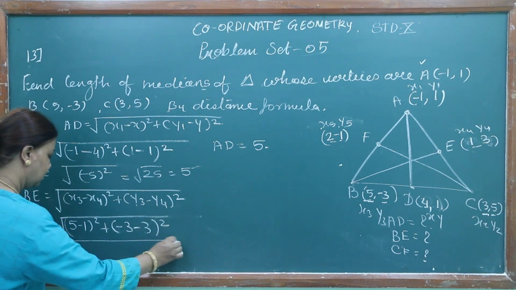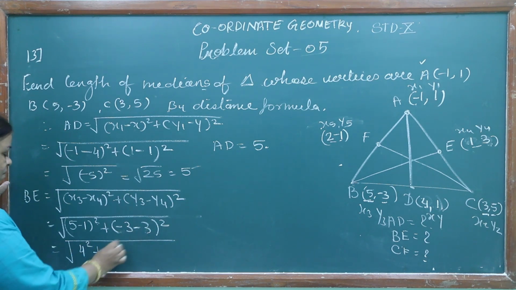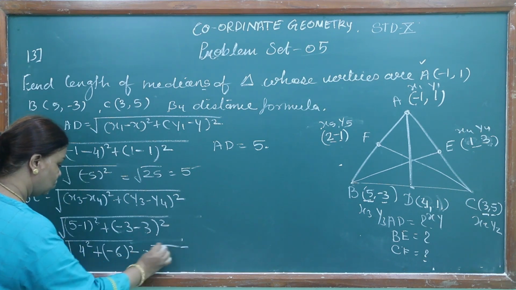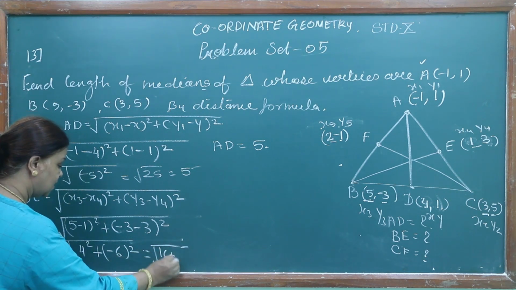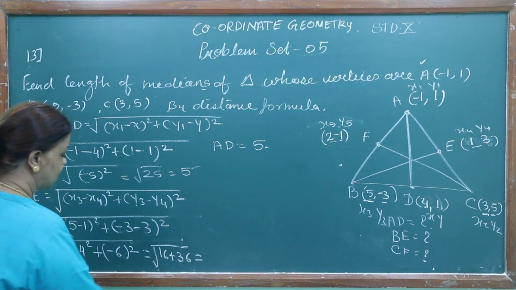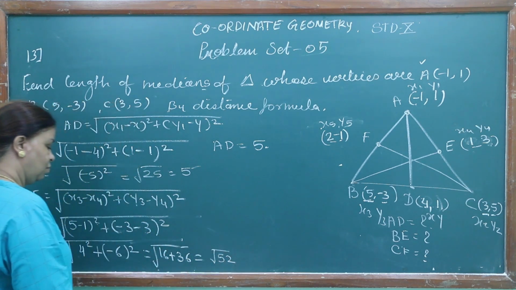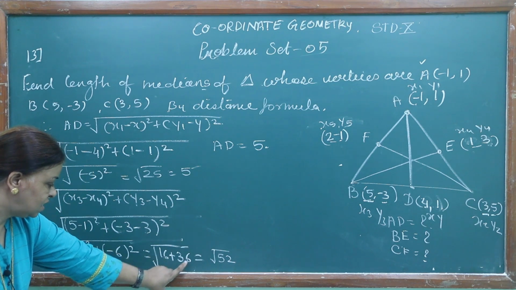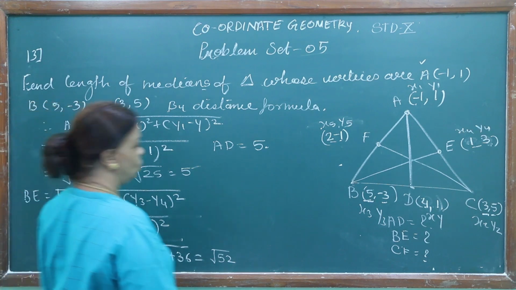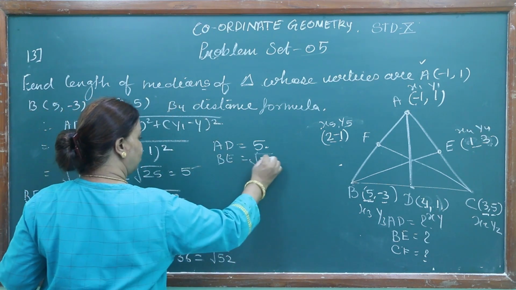What are we getting? 5 minus 1 is 4, the whole square, plus minus 6 the whole square, which will be equal to 16 plus 36, which will be under root 52. 6 6s are 6 plus 6 12, carry 1, 3 plus 1 4 plus 1 5, 52. So we got BE as under root 52.